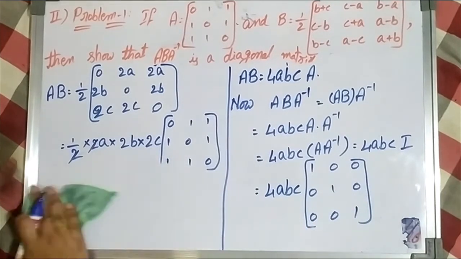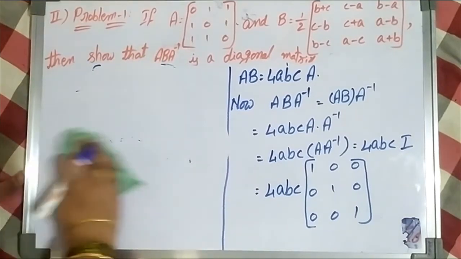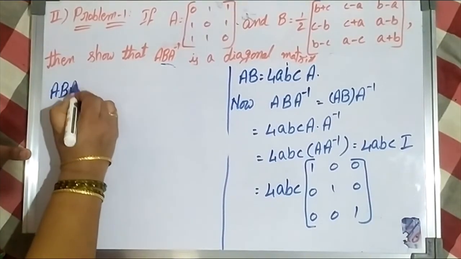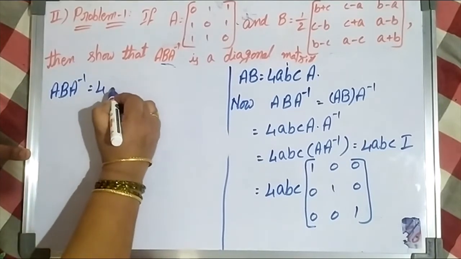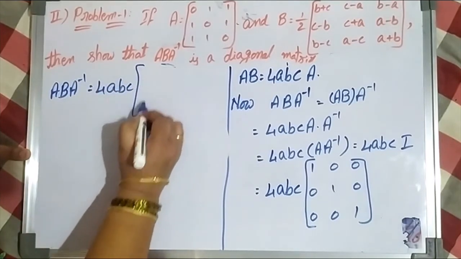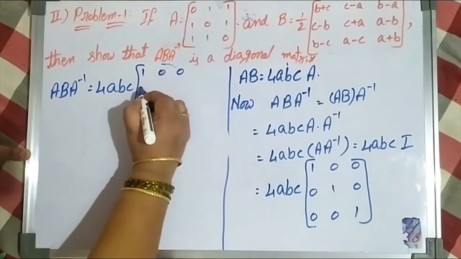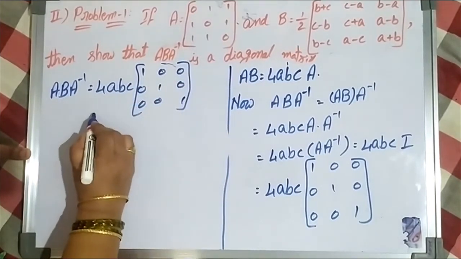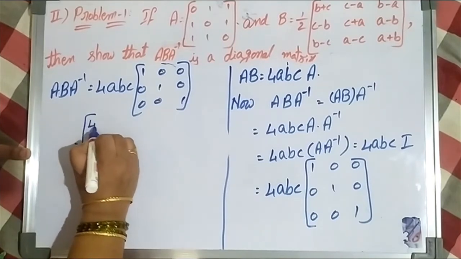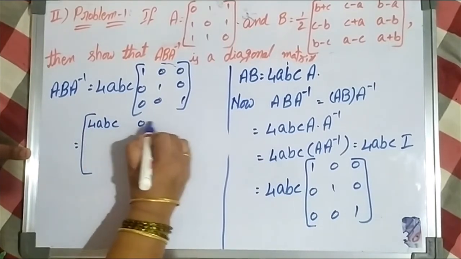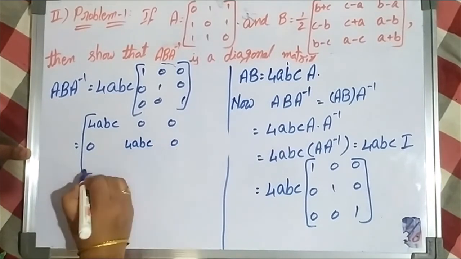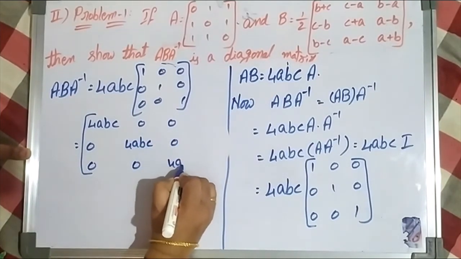Next, AB A inverse is nothing but 4ABC into matrix I, 1 0 0 0 1 0 0 0 1. We have to multiply 4ABC with each element in the matrix. Then we get 4ABC 0 0, 0 4ABC 0, 0 0 4ABC.